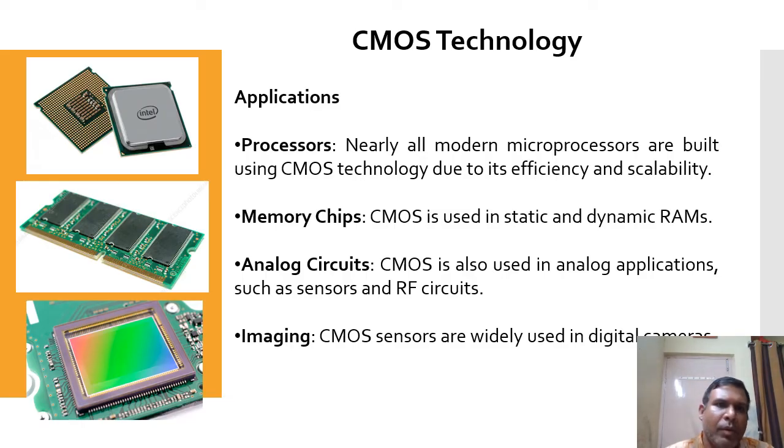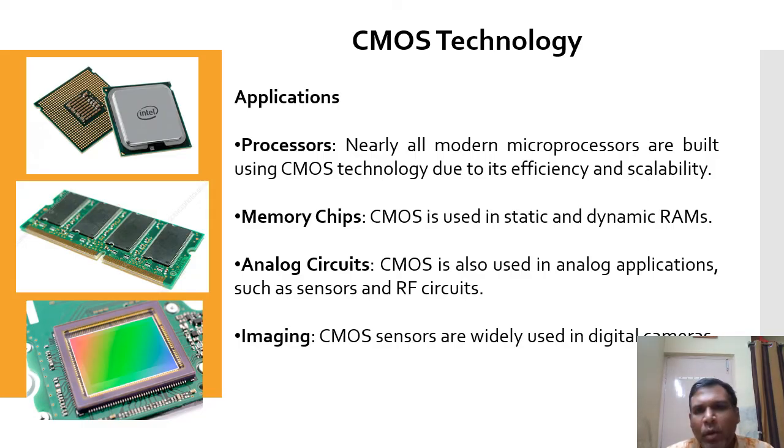For example, in a processor, I think all of you know, most electronic components cannot survive without a processor. Each and every device needs one processor. A processor is nothing but it processes the information based on the user demand or user requirement.